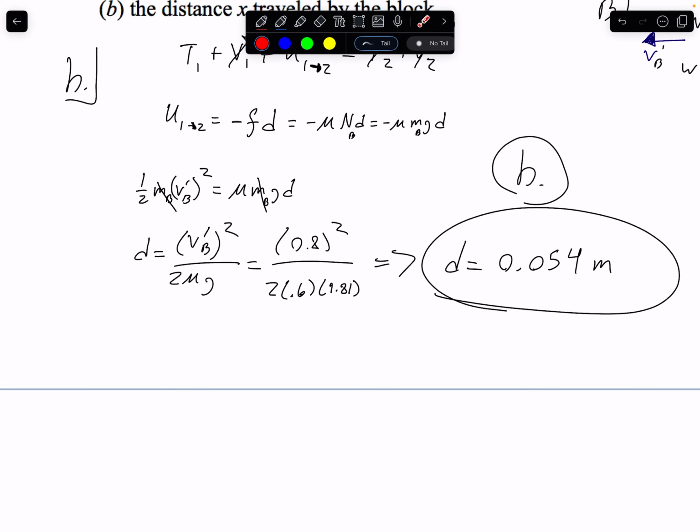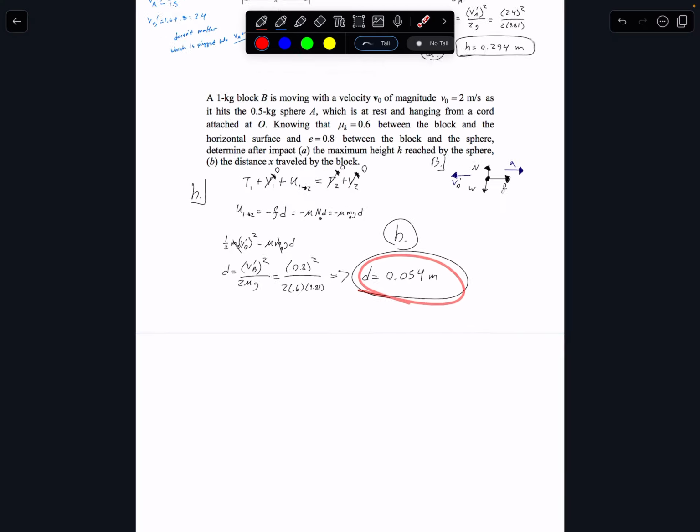And so we put that on the right side, make it positive, and masses cancel, but we know that 1 half VB prime squared is equal to mu times gravity times distance. So we have everything but the distance, and once we plug in, we find that the distance is equal to 0.054 meters.